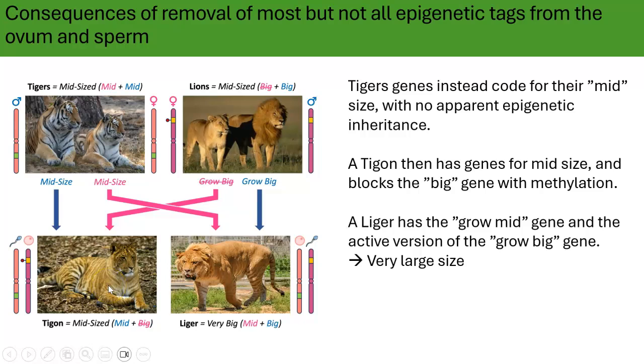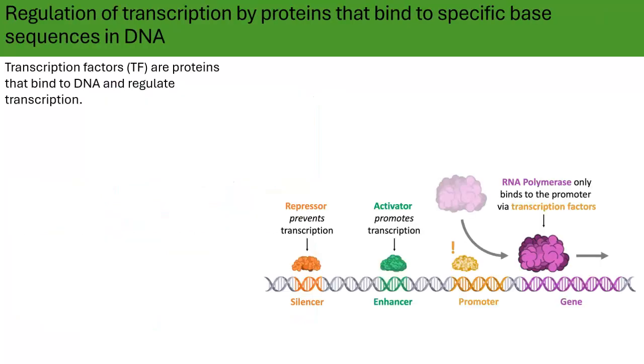So their offspring is mid-sized. Whereas when a male lion and a female tiger get an offspring, you get the unmethylated active version of grow big, and you have the normal grow mid-size genes, and they together make a very large size in the offspring. So that's the idea behind how we get these very large ligers.